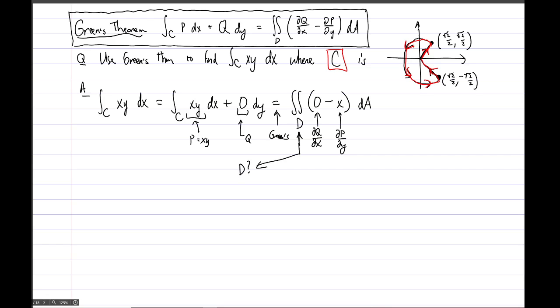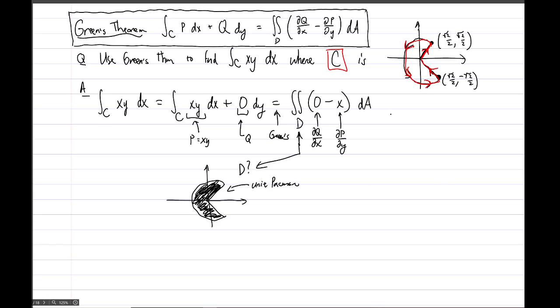It's not the best picture, forgive me. This is part of drawing on a screen. But this is Pac-Man, right? This is a unit Pac-Man, unit because radius 1, of course.